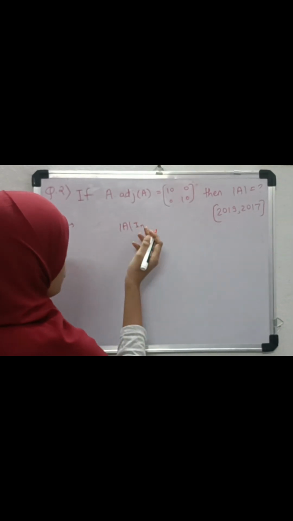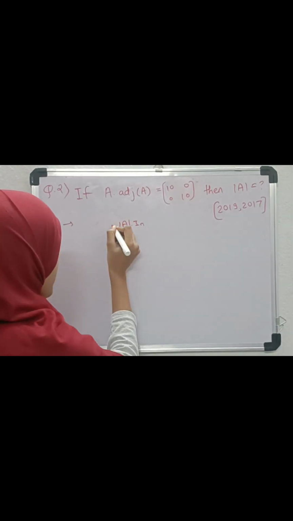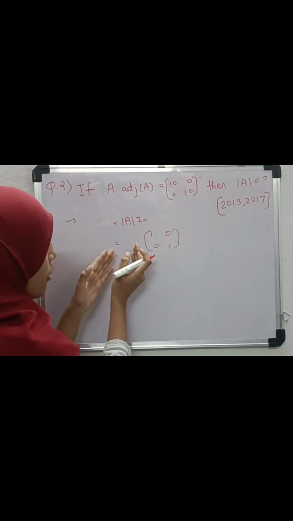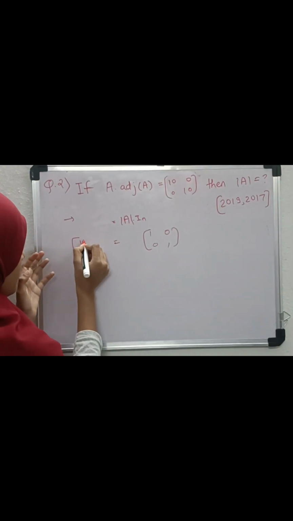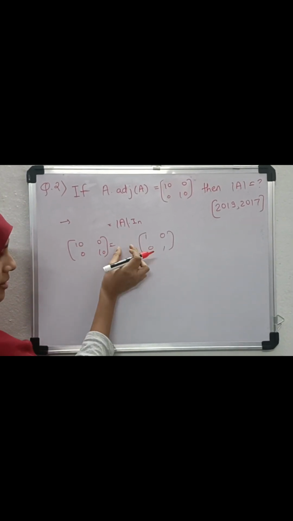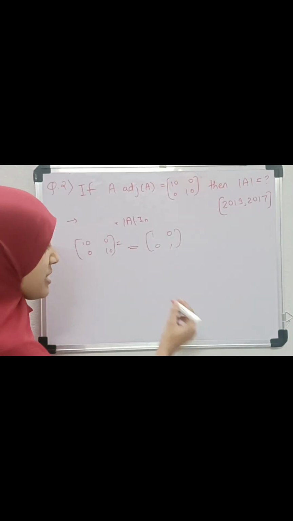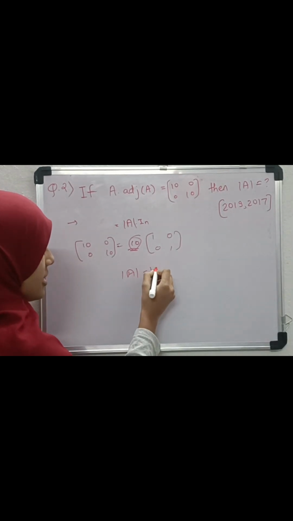This is a 2 by 2 matrix, so In will be the identity matrix I2, that is 1 0 0 1. Simply comparing, the value of determinant of A is nothing but 10.